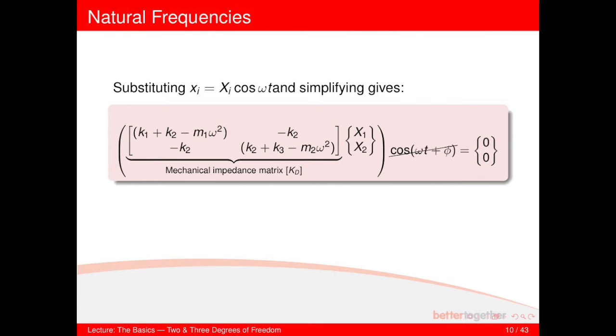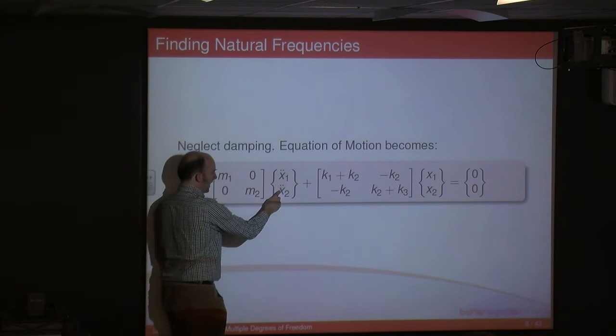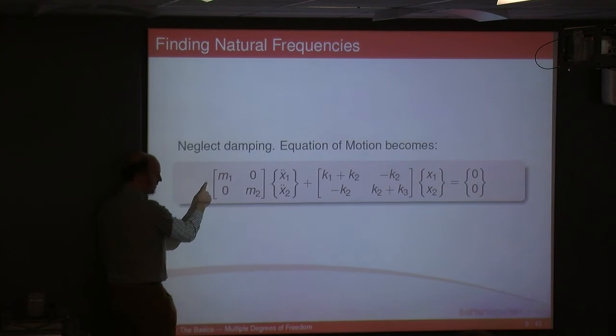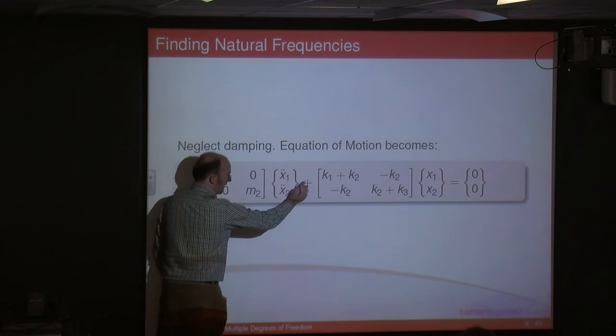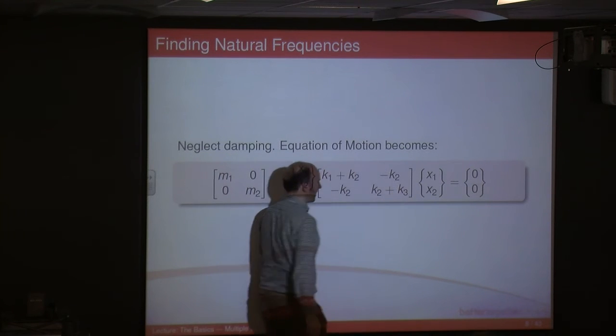And the same could be said for the x1 and x2, but like I said, let's not worry too much about that. This matrix, if I just go back, you can see that we end up with x1, x2 times minus omega squared, times the cosine term. And here we've just got big x1 and big x2 times the cosine term.